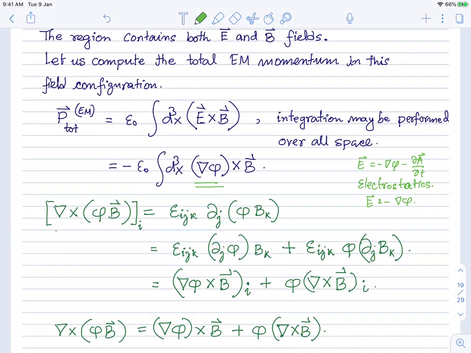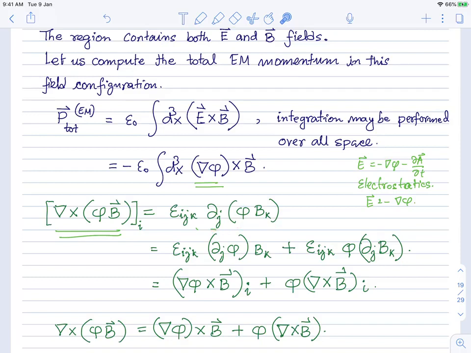Let us see what is the curl of this quantity, curl of phi times B. If I write it in terms of the epsilon, there will be a derivative del j, where the k is the kth component of B, the index which is contracted with this k. And again, the derivative is acting on two things, phi and B_k.